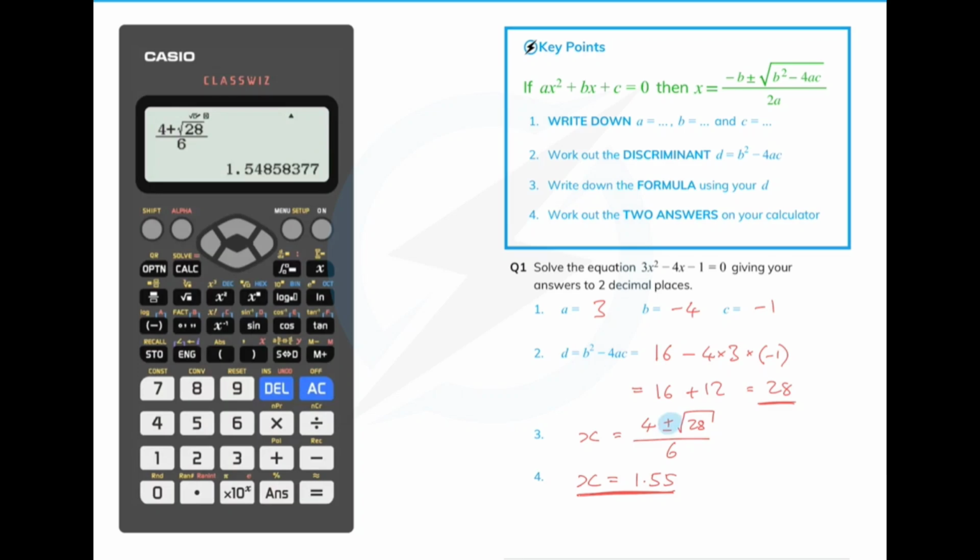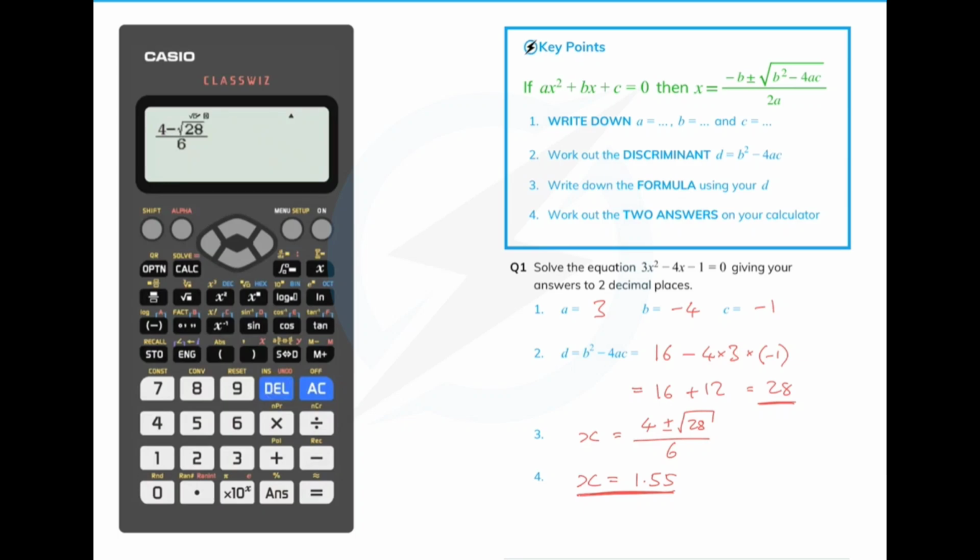And now I need to do the calculation again for the other bit of the plus or minus, for the minus. But I don't need to start again, I can just use my arrow keys. If I take the left one, that gets me back into the calculation I've just done. And navigating around until I'm just to the right of the plus, I can press delete and put a minus in.